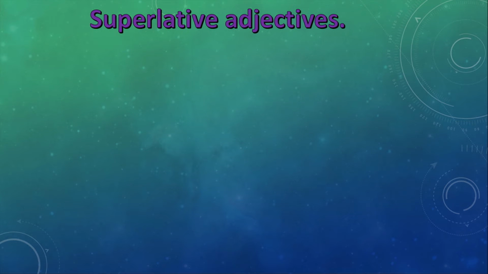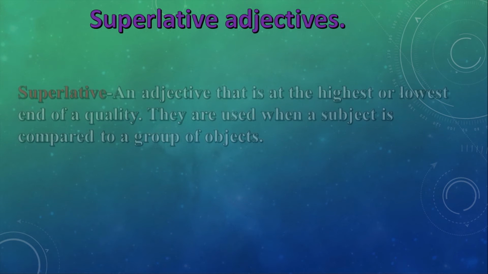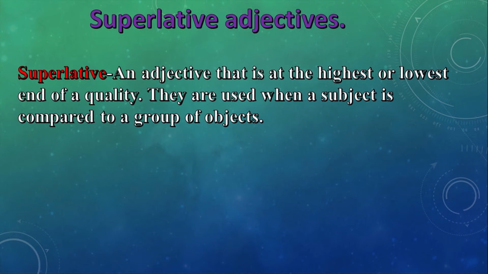Right? So now we have superlative adjectives. Where comparatives compare two things to each other, a superlative adjective is an adjective that is at the highest or lowest end of a quality, right? They are used when the subject is compared to a group of objects. What do they mean by the highest or lowest end of a quality? Good.